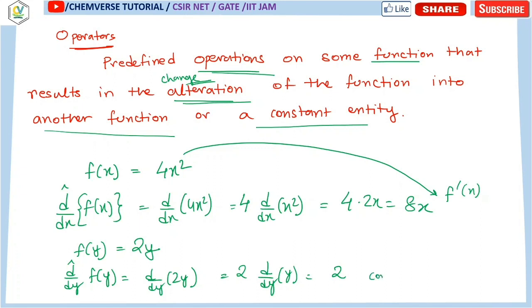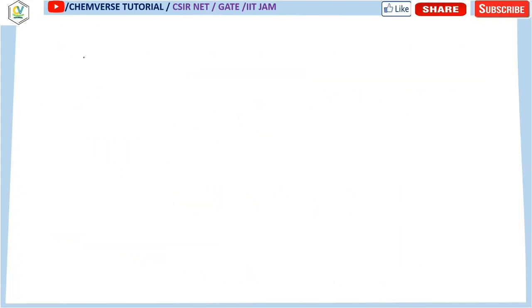So over here you are getting a constant. In both cases, this d/dx is an operator, and this cap sign denotes an operator. Clear?